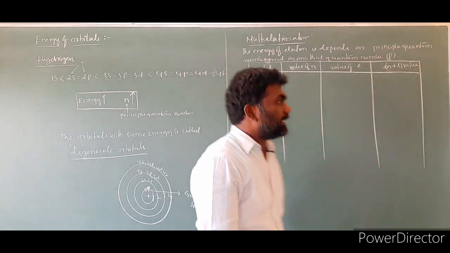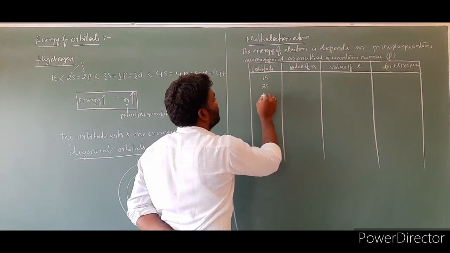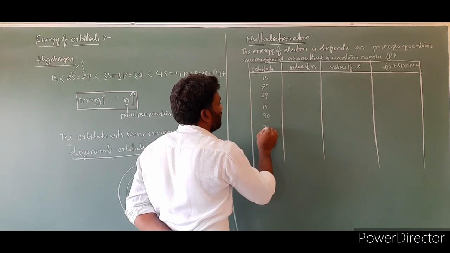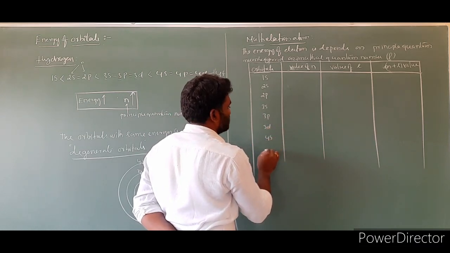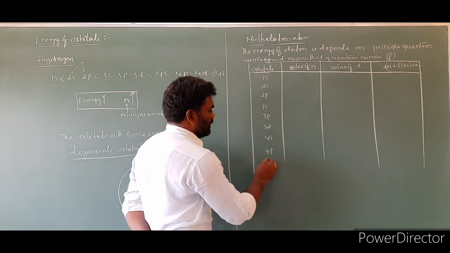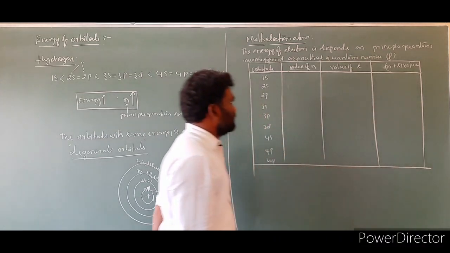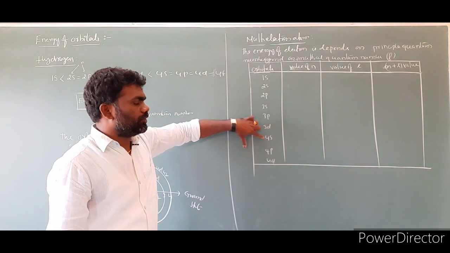I am taking first the 1s orbital, 2s, 2p, 3s, 3p, 3d, 4s, 4p, 4d. So different orbitals I took here.